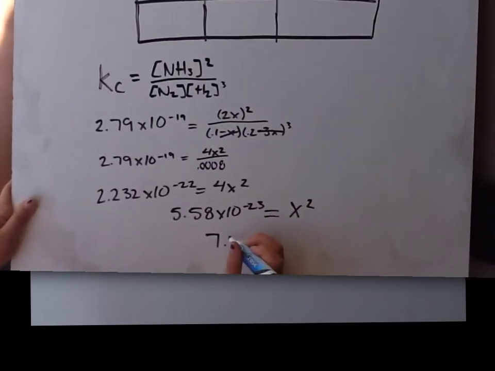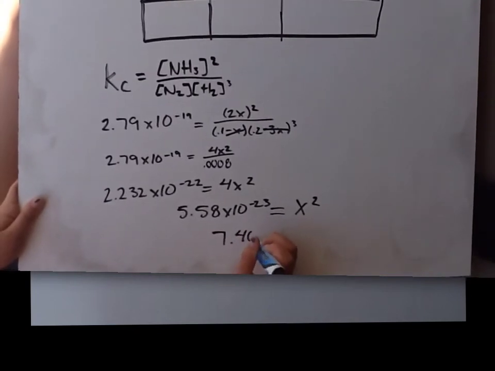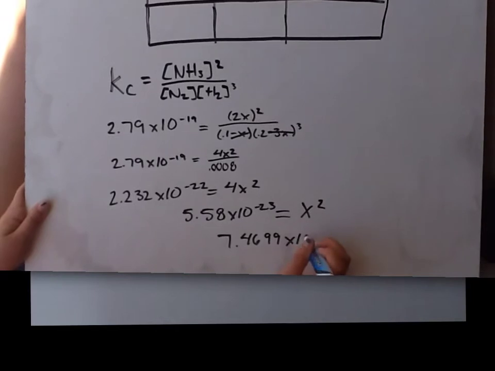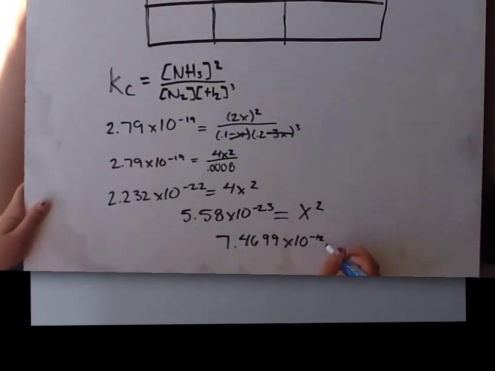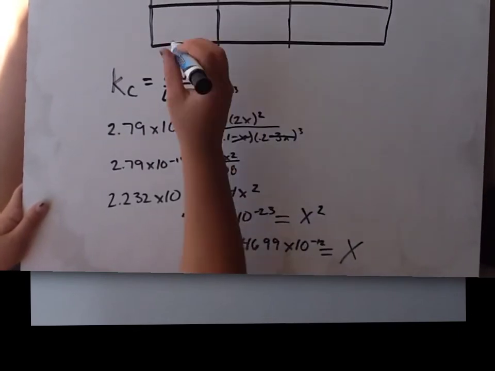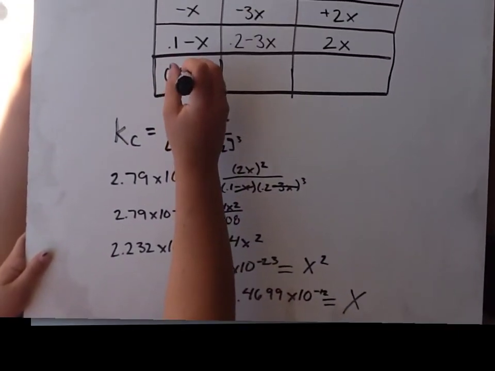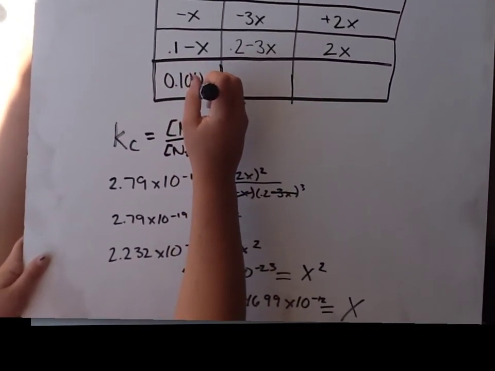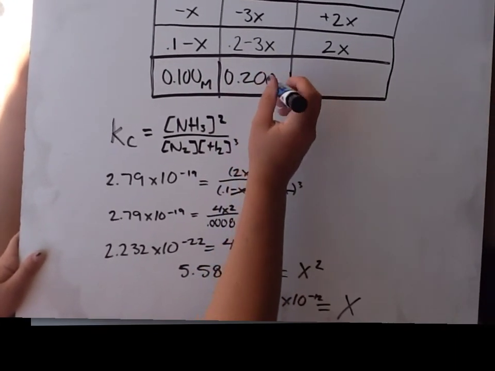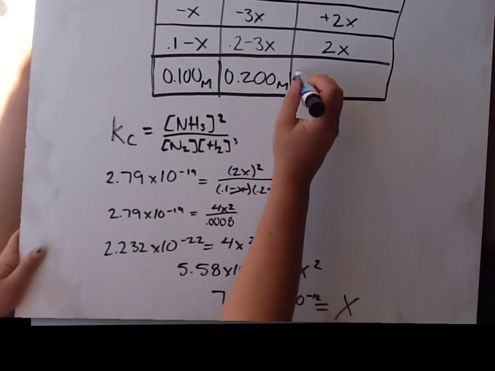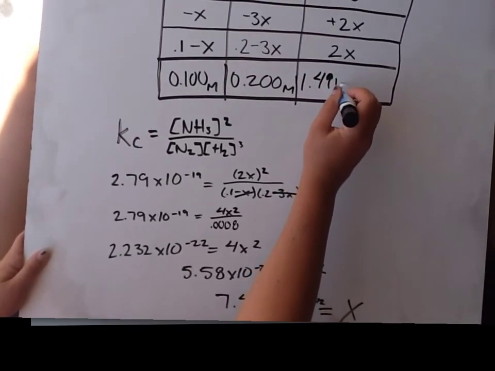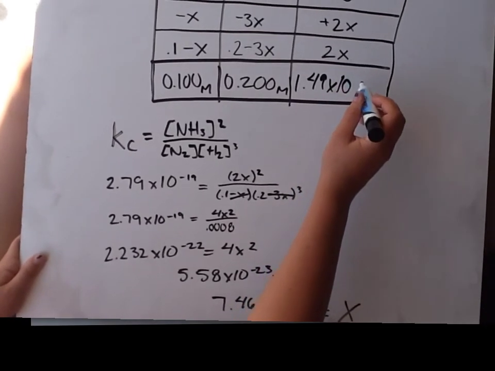Then when you do the square root on each side, you get 7.4699 times 10 to the -12th equals x, and then you fill in the molar values on the table, and you get, for the molar value of 2NH3, 0.149 times 10 to the -11th.